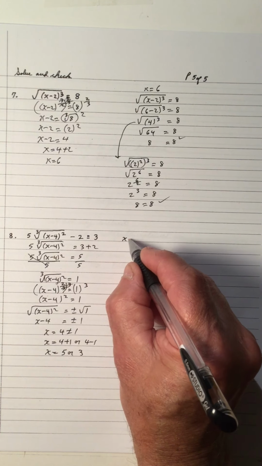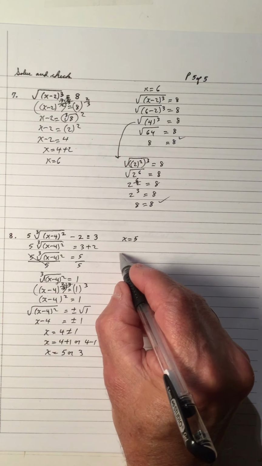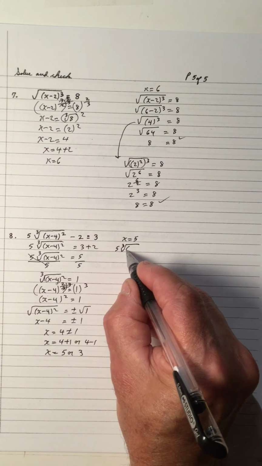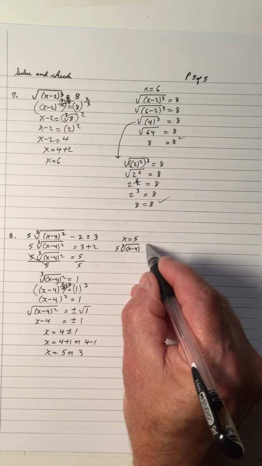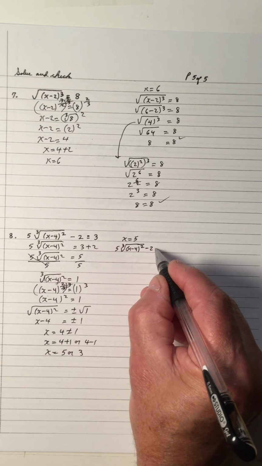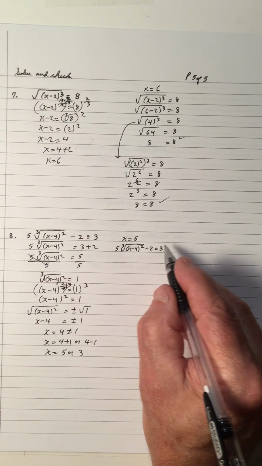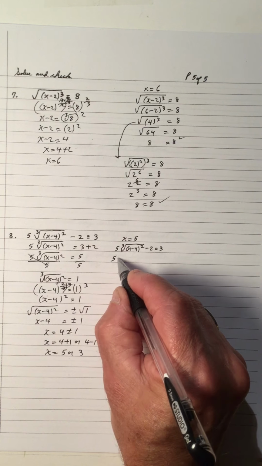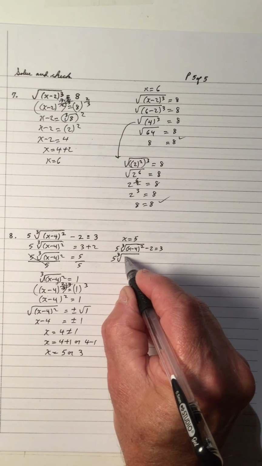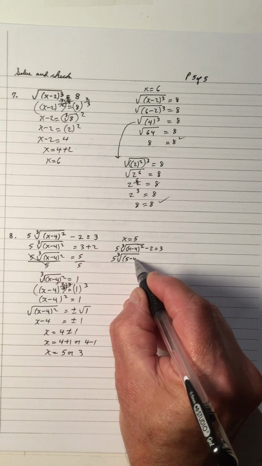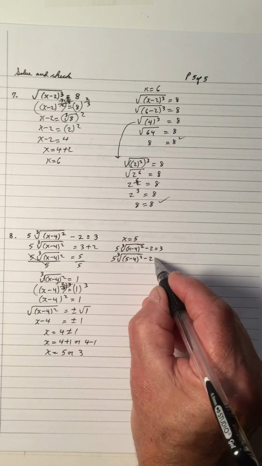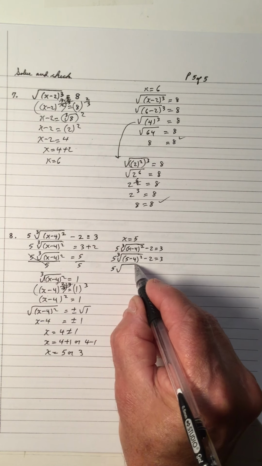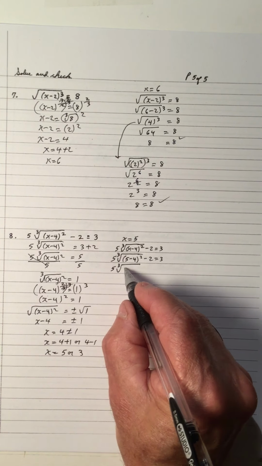So let's check x equals 5. Put it into the equation. Take your time. Now we're putting 5 in the equation. 5 is one of the answers. So I sub 5 in. So we have to work inside the root first, inside the brackets.